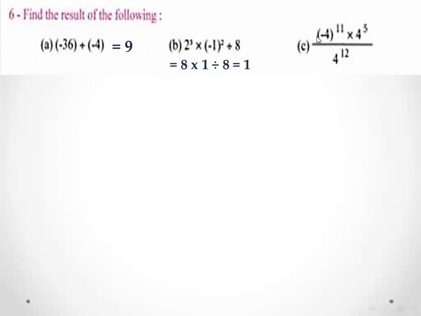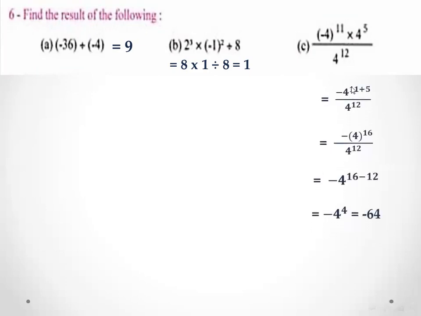Here, negative 4 to the power 11 times 4 to the power 5 divided by 4 to the power 12. Here I have the same base, but this one is negative, so I'm going to look at its power. Its power is odd, so I'm going to keep the base and take the negative out.